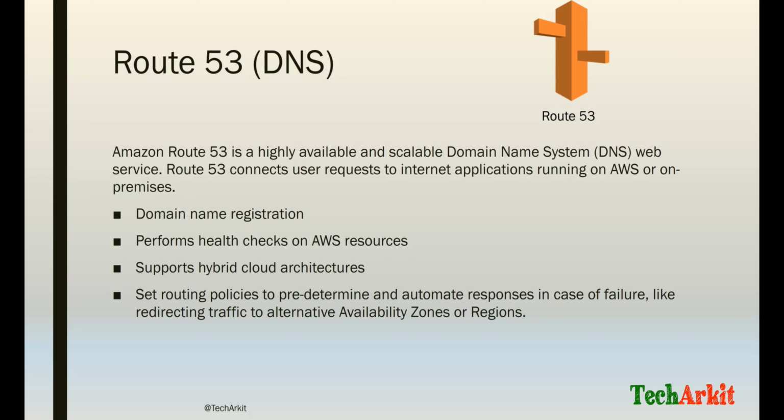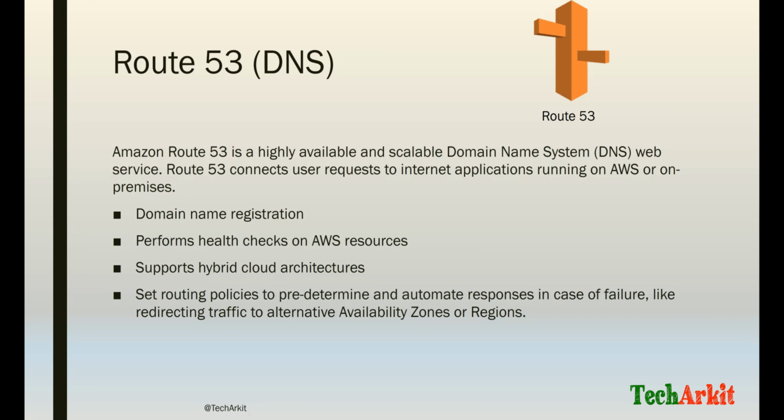Domain name registration can also be done using Route 53. It performs health checks on AWS resources. It reaches the resources which have Route 53 entries to understand whether any resource is down, and reports that there is a resource down that you cannot access.